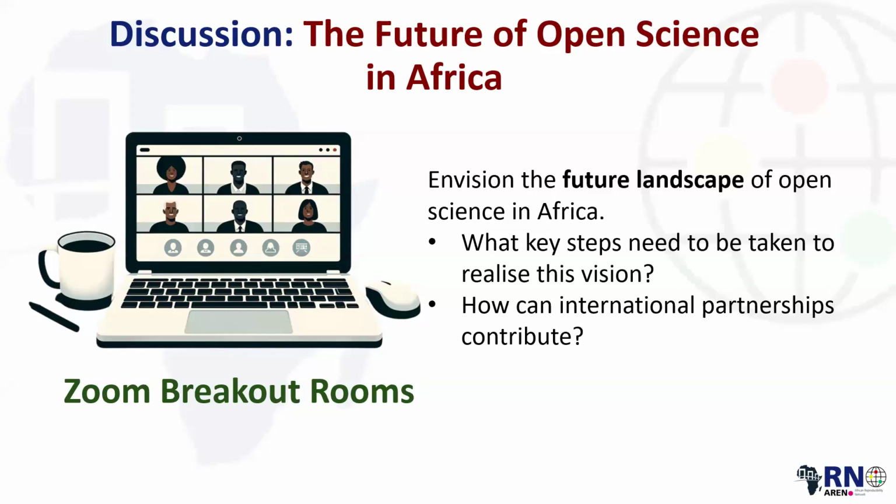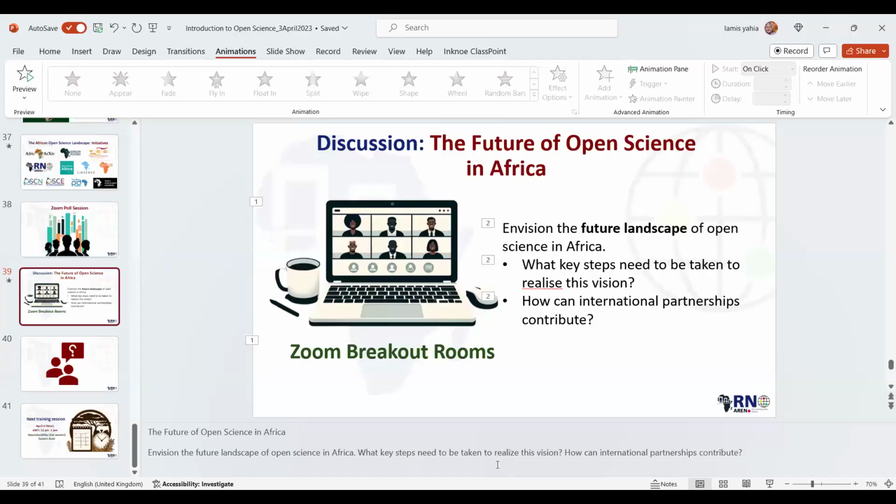So I think now we could break you into, I think we'll need four breakout rooms, right, Emmanuel? Groups of 5. And we have a Google Doc that we will share with you so that you can write as you're discussing.